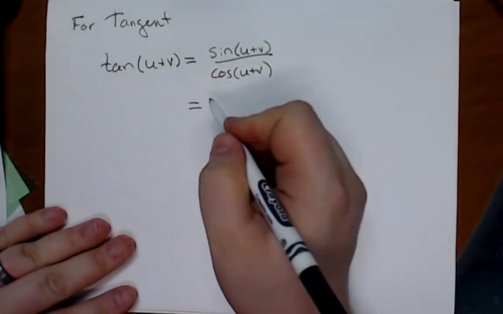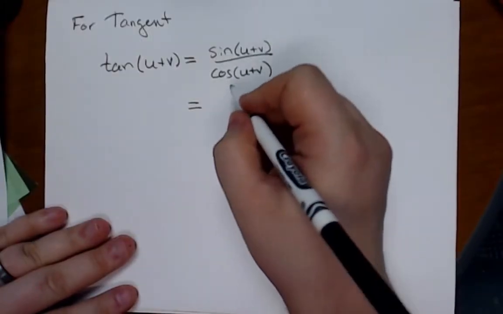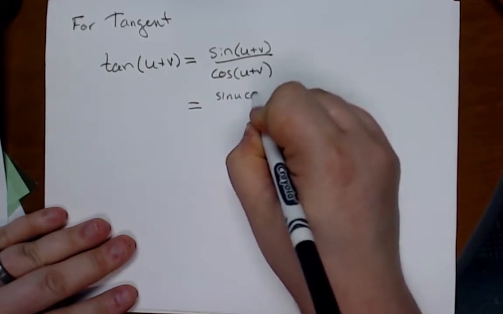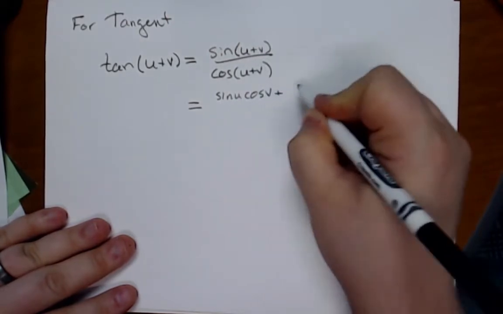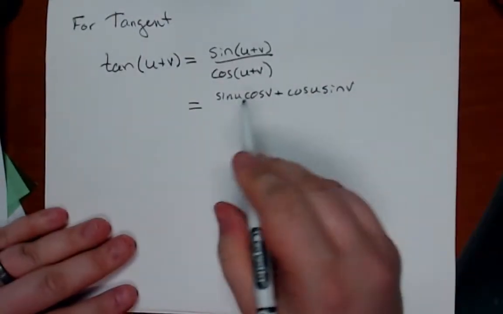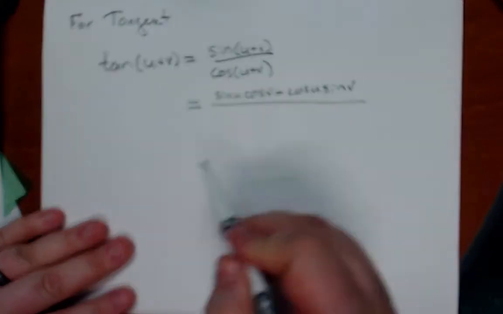Well, by our two angle addition formulas, sine of this is sine u cosine v plus cosine u sine v. So we have a sine u and a cos u, a cos v and a sine v. That looks good to me.